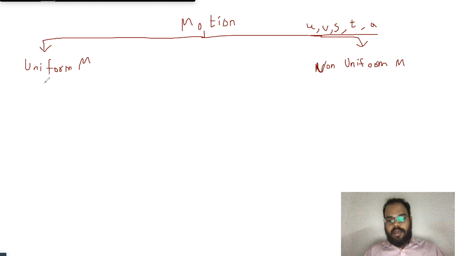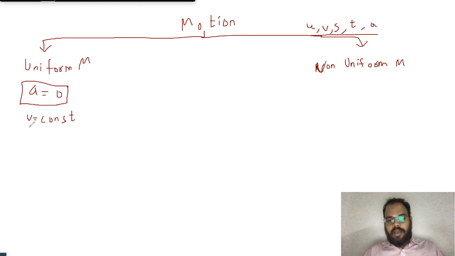Uniform motion means that your body is moving uniformly. That means it has a constant velocity. If it has constant velocity, there is no change in velocity, that means acceleration will be 0. Anytime you want to identify which type of motion it is, first look at the acceleration. If acceleration is 0, that is your uniform motion, and your velocity will be constant.